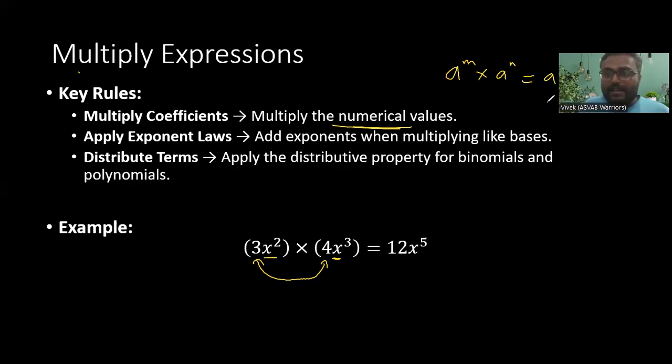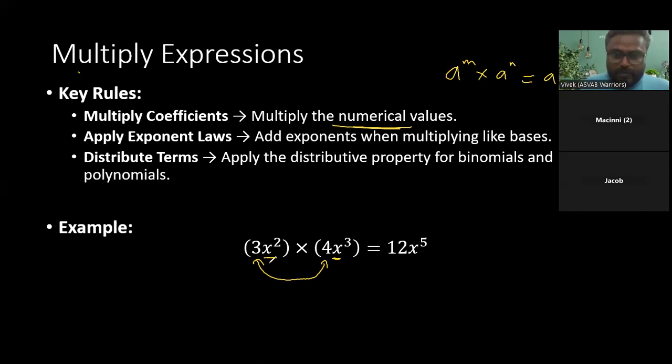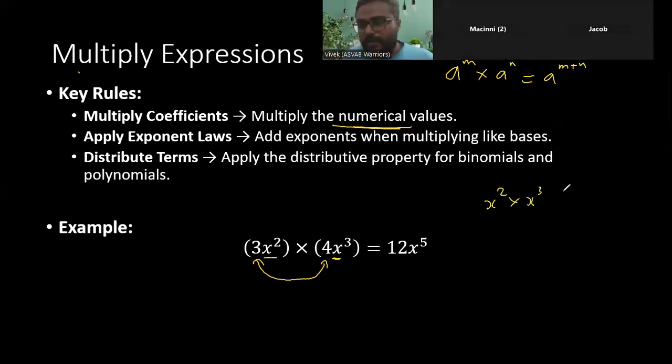We're going to apply it to this particular question over here. So x squared times x to the power 3 would be x to the power 2 plus 3, which is x to the power 5. So we have applied the exponent law over here, and whenever we need to distribute the terms, we can do it accordingly.